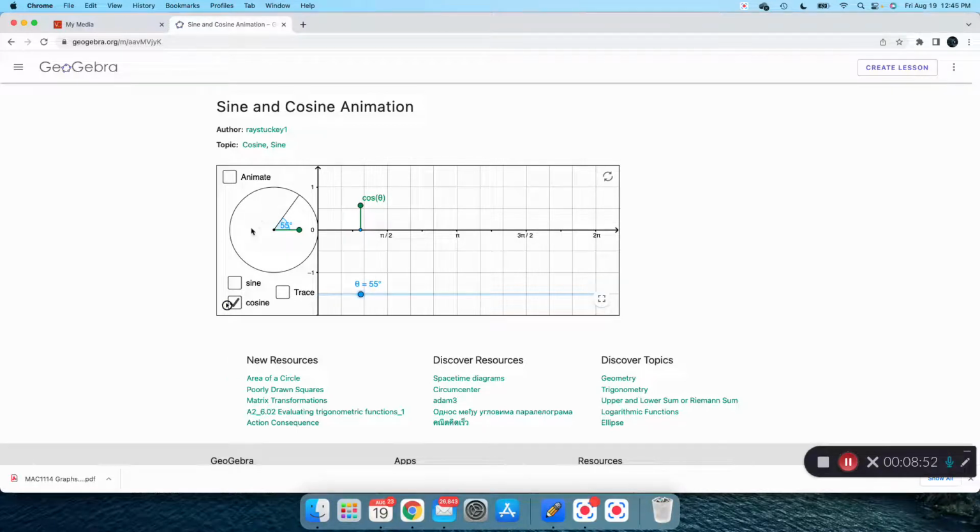So this length here will be the cosine of that angle. And if I allow this thing to rotate around and I plot out all these horizontal lengths versus the angle, then I'll get a graph that looks like this. Notice that it starts at 1. When my angle was 0, this little green line is as long as it's ever going to be. And it's getting smaller. Now they're negative values, behind the origin.